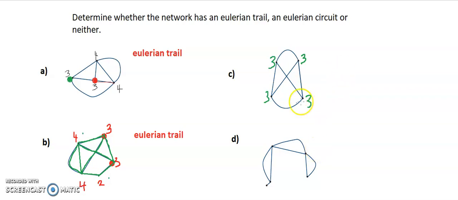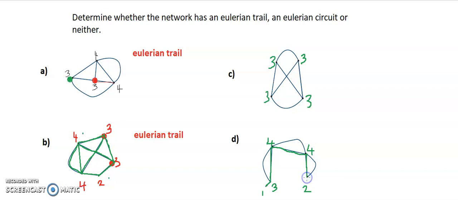The last one we're going to look at is this one here. Straight away, I can see that I've got most of my vertices even except for 2. Because it's 2 odd, it means I have my starting point and my finish point. So I'm going to start over here, and I'm just going to follow that around.